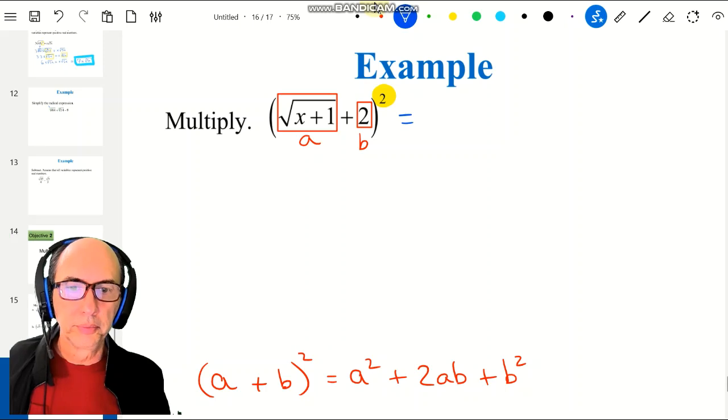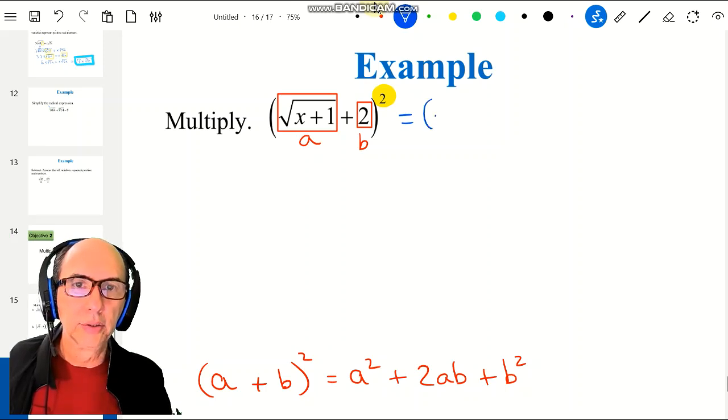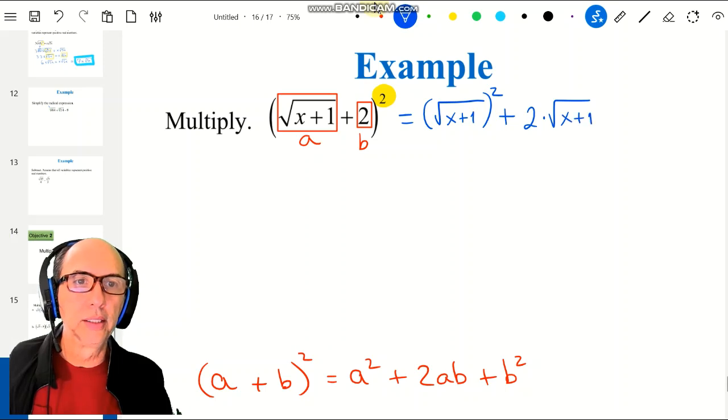So equals a squared, so square root of x plus 1 squared, plus 2 times a, square root of x plus 1, times b, times 2, plus b squared. 2 times 2, 4.